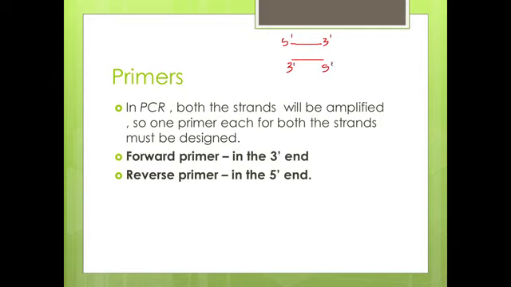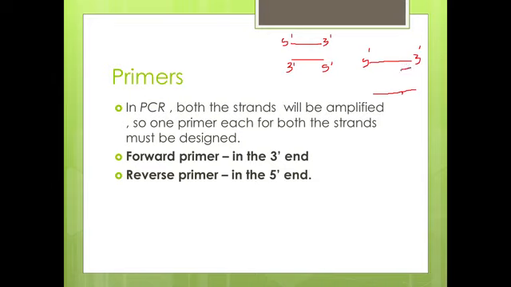Now when we separate these two strands, the primers that are required are of two types. One of the primers will anneal with the DNA strand which has an orientation 5' to 3'. Again, another important point to note is that these primers always bind at the 3' end.